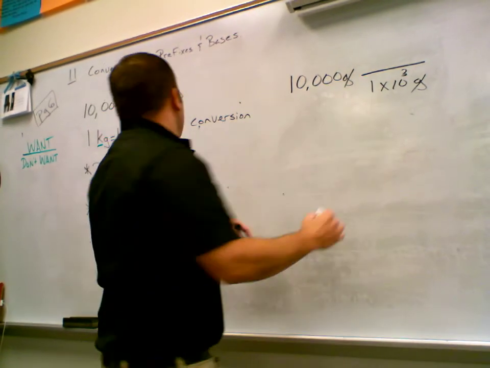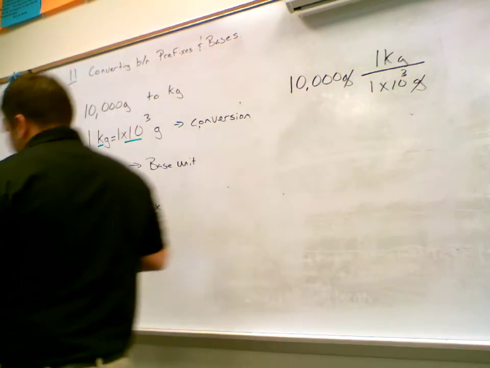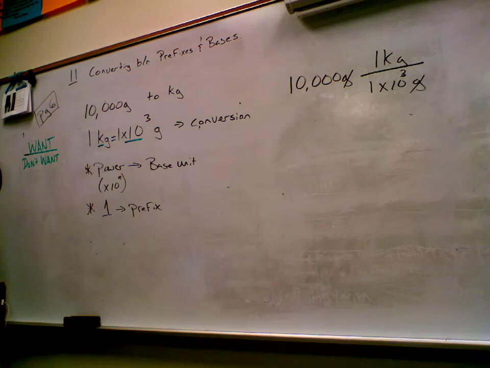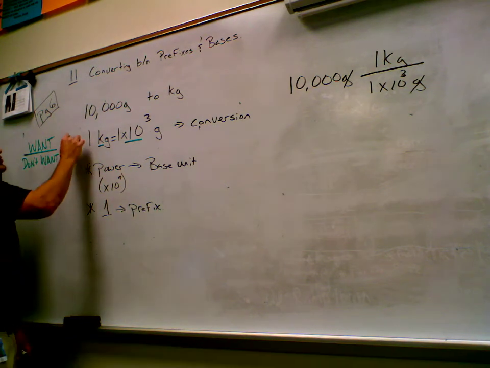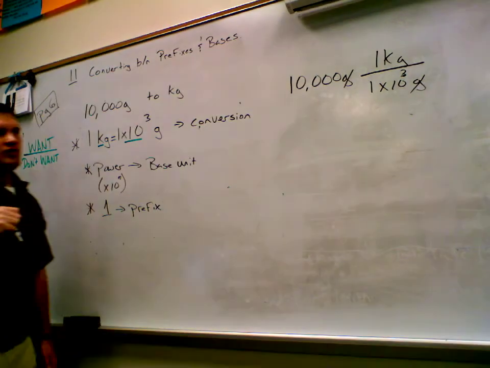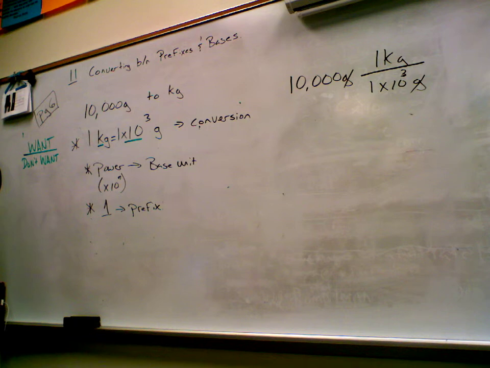So then what I want goes on top. Now where did I get those numbers, the 10 to the third and the 1? From my conversion. Here's the conversion I used. I plugged those into these fractions and set it up so that the thing I want is on top and the thing I don't want is on bottom.